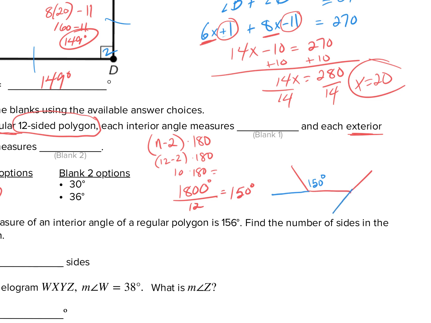And if you remember, when we extend the side, we create a linear pair or 2 supplementary angles. Okay, and supplementary angles that form a line have a total of 180 degrees. So to find the measure of the exterior angle, I just do 180 minus 150, and that gives me a measure of 30 degrees.